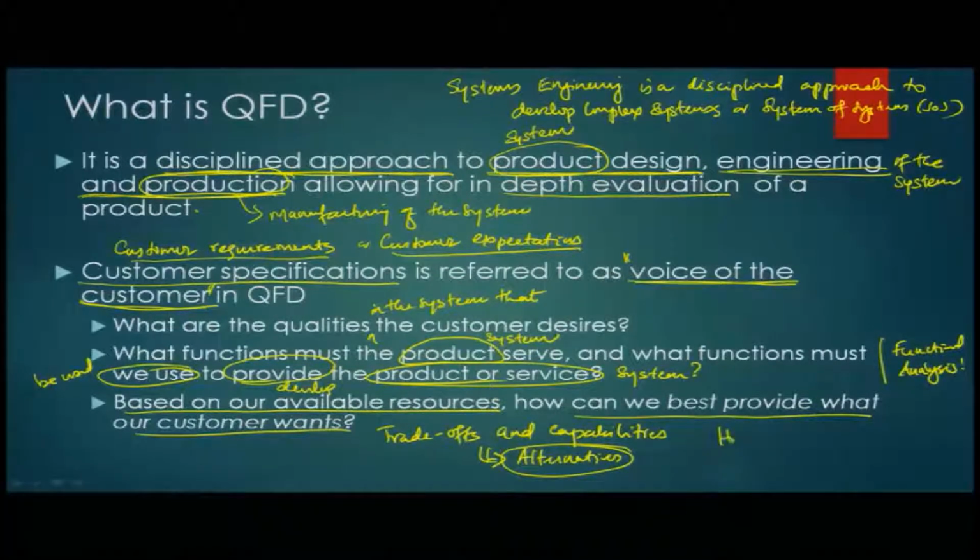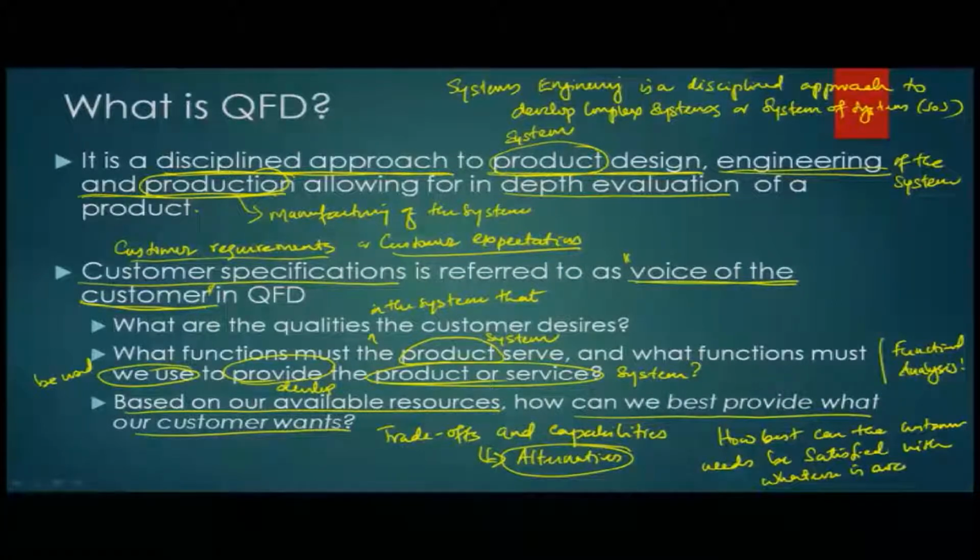The question is, how best can the customer needs be satisfied with whatever is available. So, this is also the aspect of it. Hence, you can think about QFD as a best fit in the functional analysis aspect of systems engineering or system development.